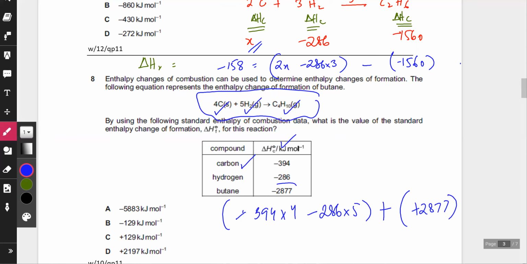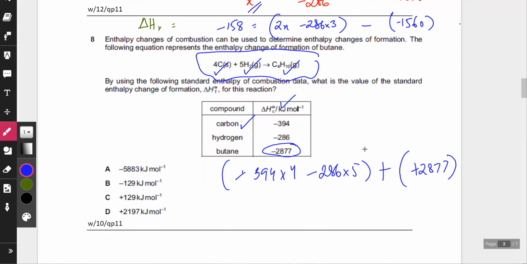Because this value was minus already, so it became plus.